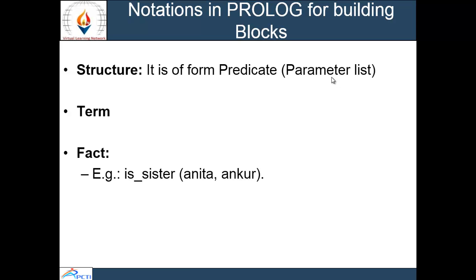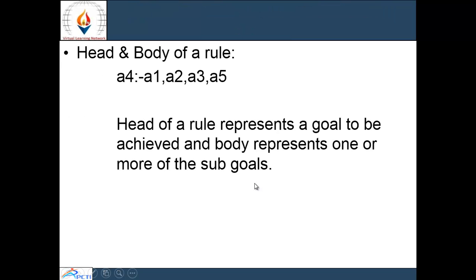Next one is fact. It is a simple statement, that is a statement not involving logical operators like and, or, not, implication, etc., and is represented by a structure followed by a full stop. For example, is sister Anita uncle followed by a full stop.